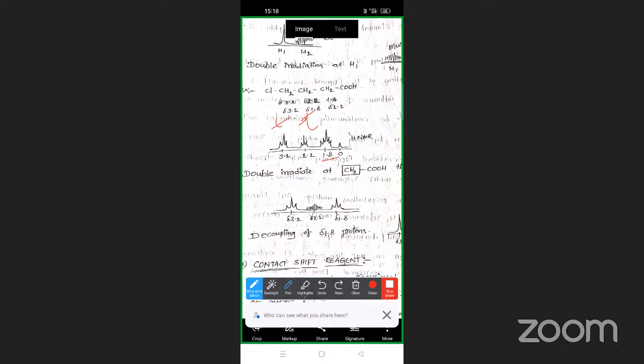So when we are doing the double irradiation of this proton here, generally it is a triplet signal, so we are double irradiating that.